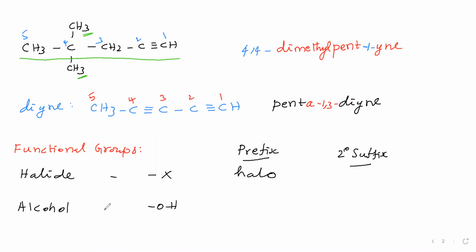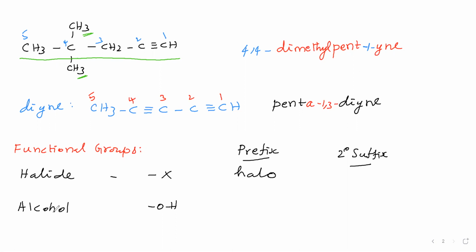To say which is the main functional group and which are substituents, we have to see the priority order. Based on the priority order, the alcoholic group can come under substituent or under main functional group.